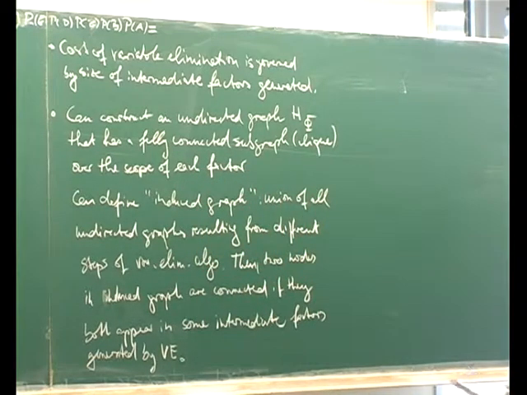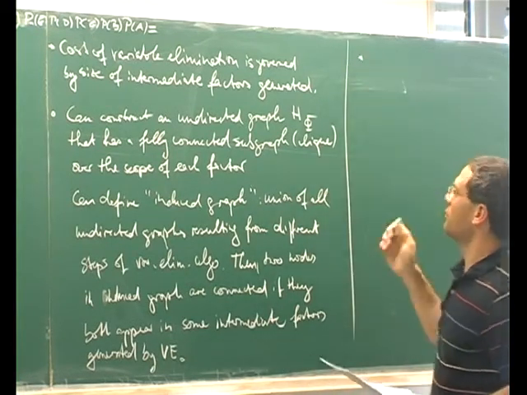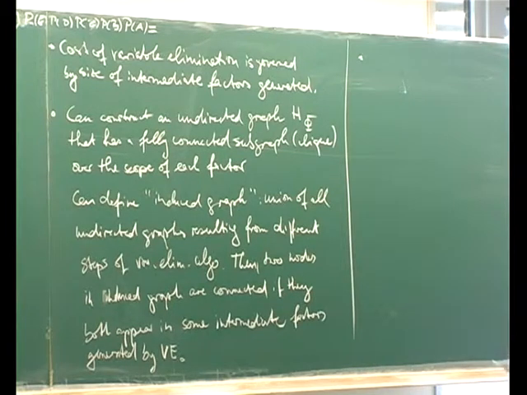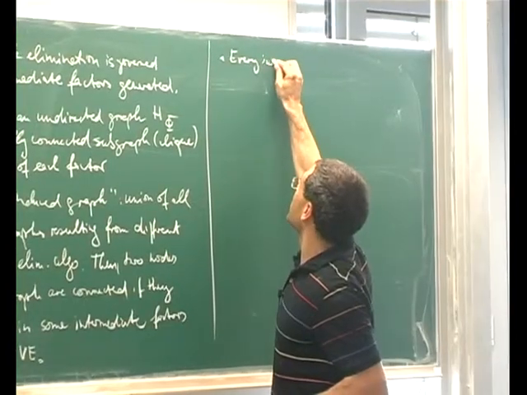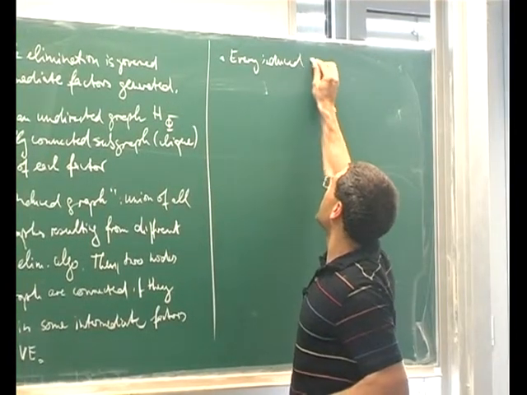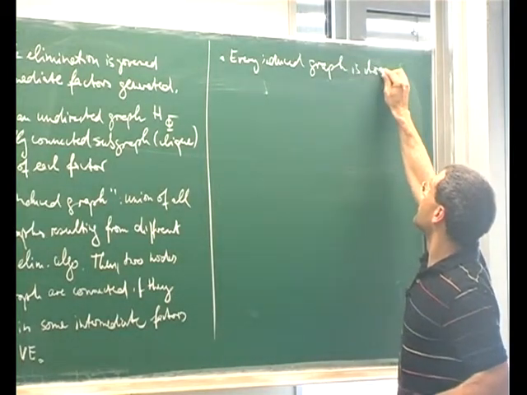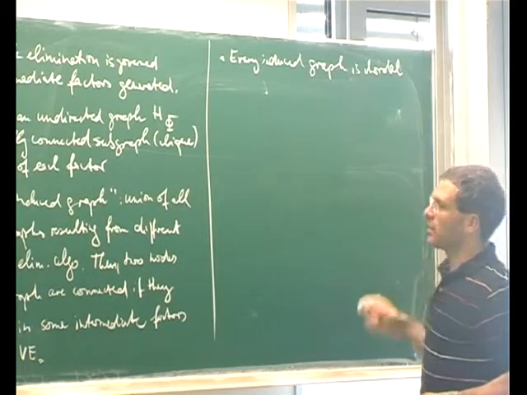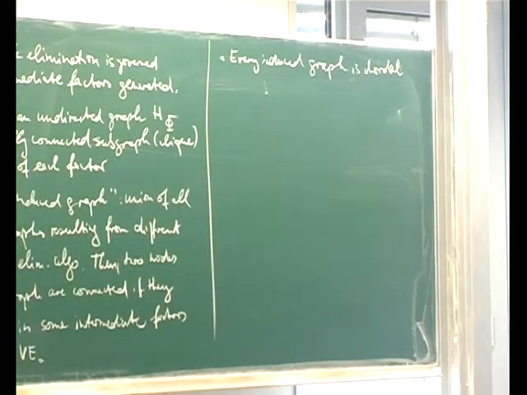So in other words, you want these induced graphs to have as small cliques or as small a width as possible. And by the way, every induced graph is chordal, meaning that the minimal loops are of length 3.